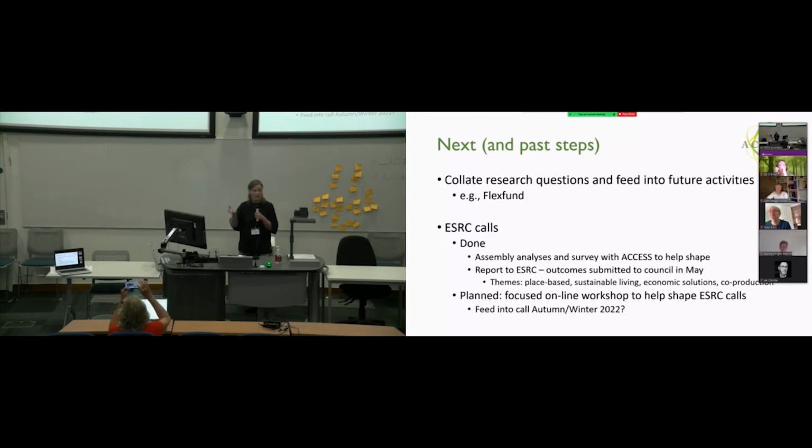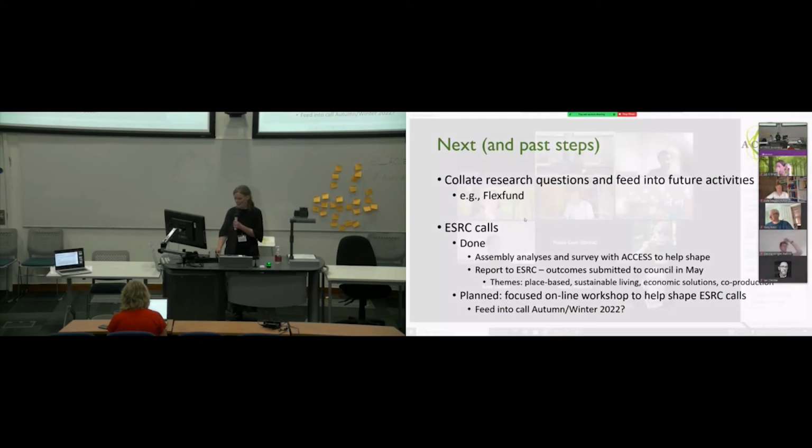This is going to be taken forward by ESRC, but we're going to do another activity with people like yourselves within Access to develop that a little bit further, and then ESRC is going to take that forward to actually put together a call. What exactly that looks like, how much money will be involved, we do not know, but something will happen. So watch that space.